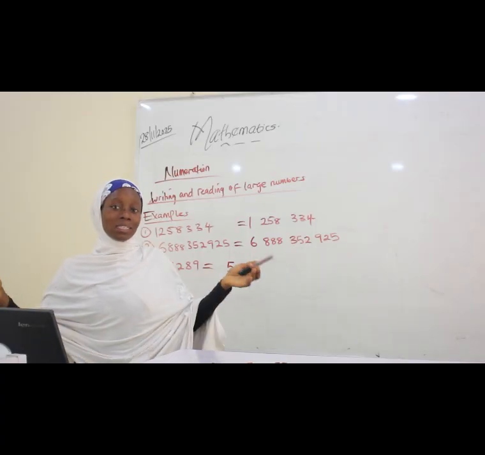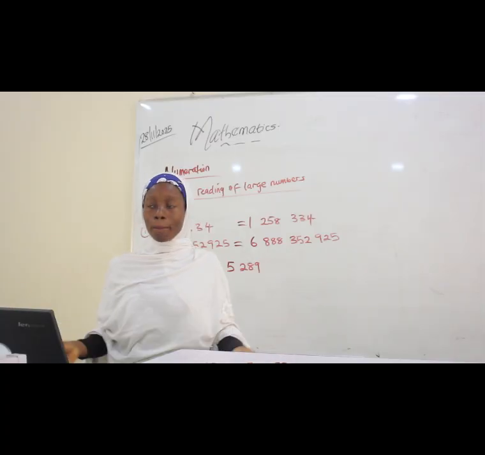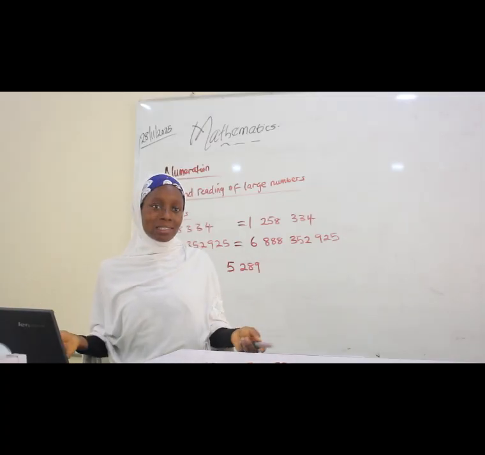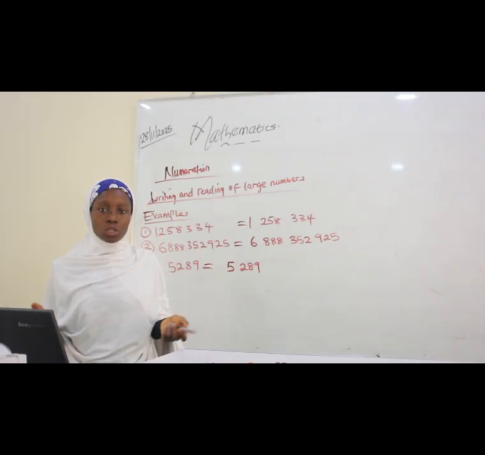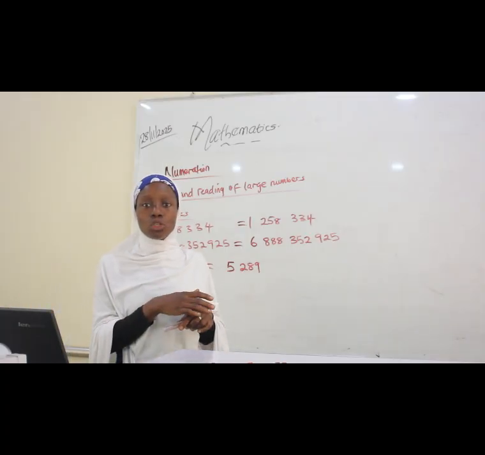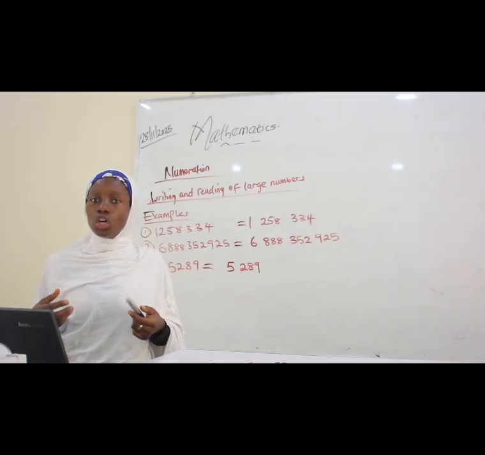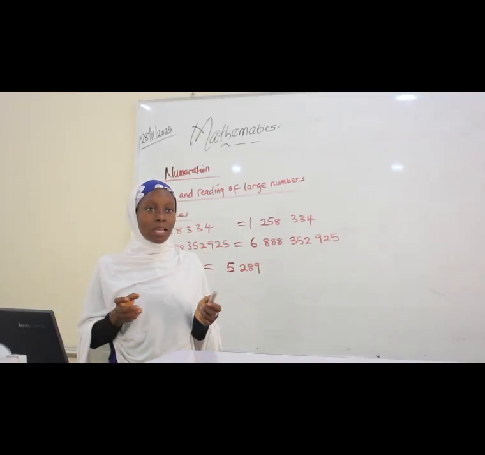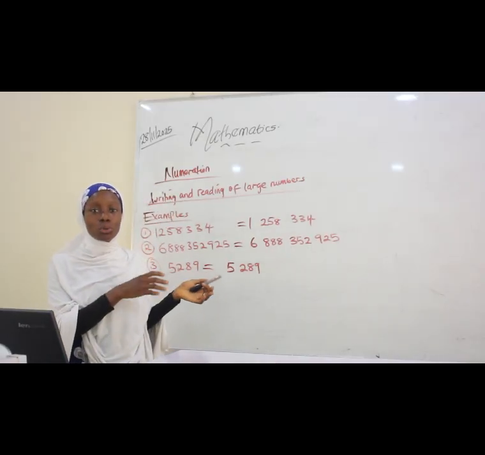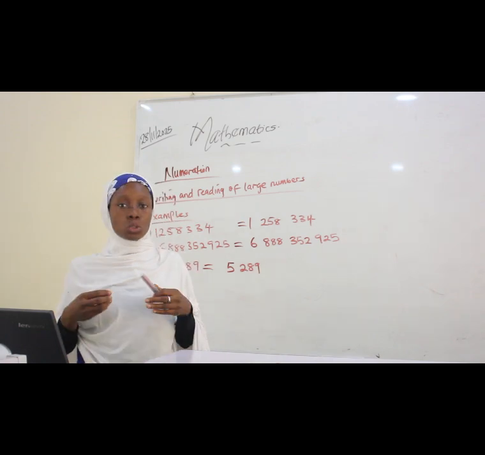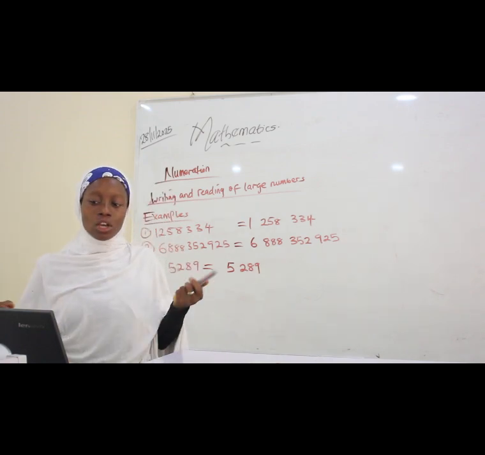All these places you find a very large amount of numbers. Also in schools, you can find large amounts of numbers. So mind you, the concept is what? Grouping numbers into threes for you to be able to read and write numbers correctly.